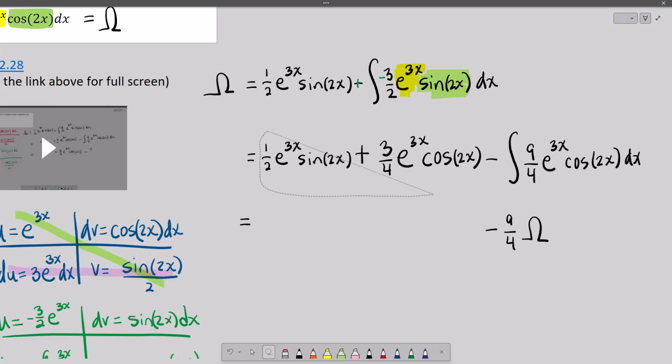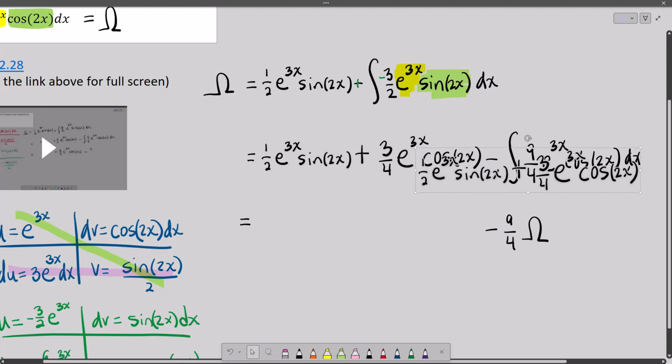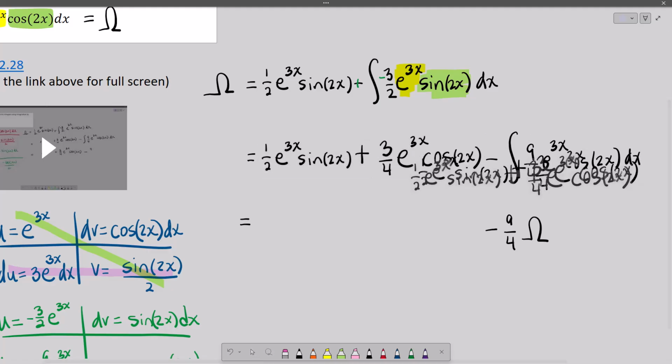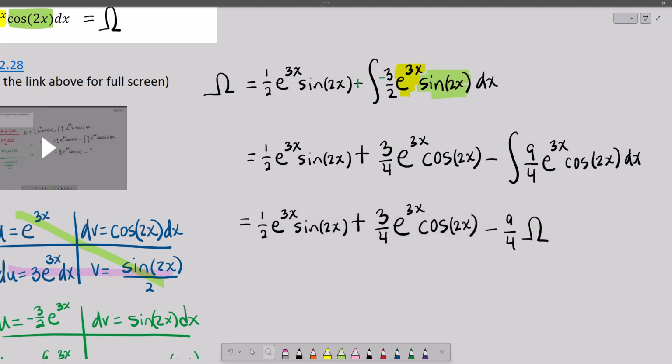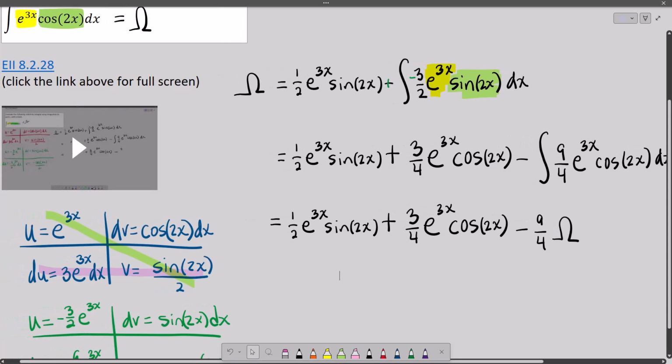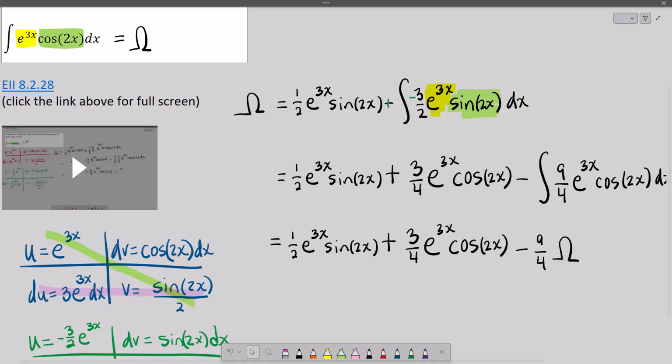That is what we let omega be. We said that omega is equal to the integral of e to the 3x cosine 2x. So e to the 3x cosine 2x, that part's omega, and then we just have this coefficient of negative 9/4 in front of it.